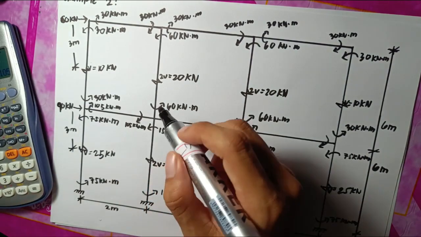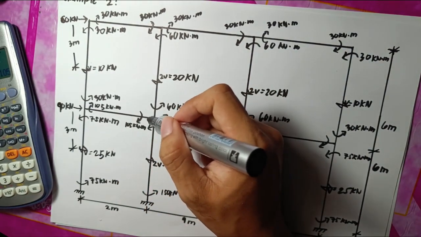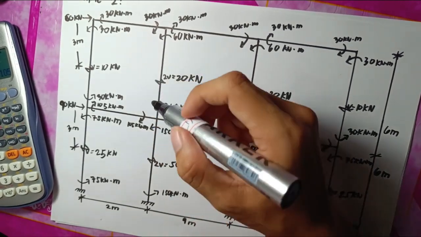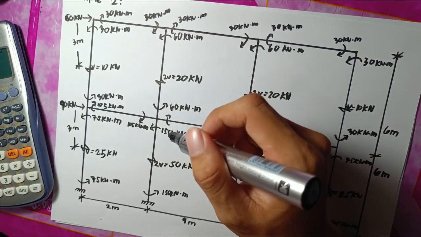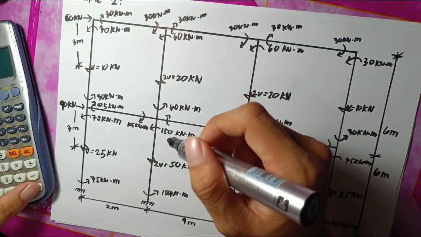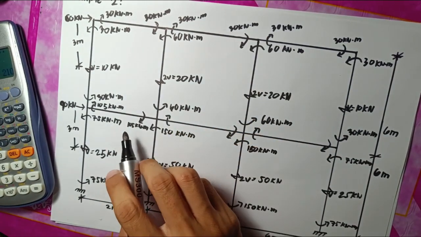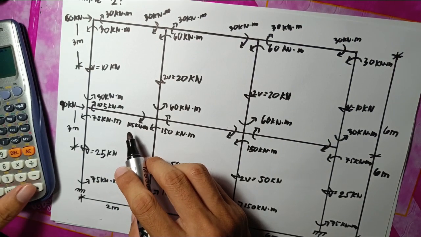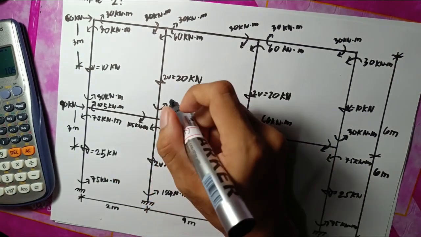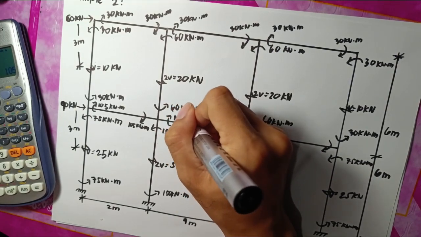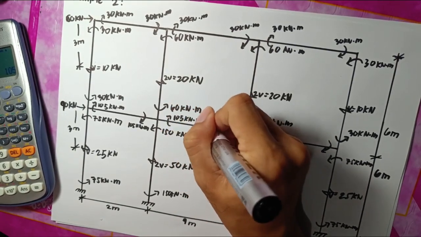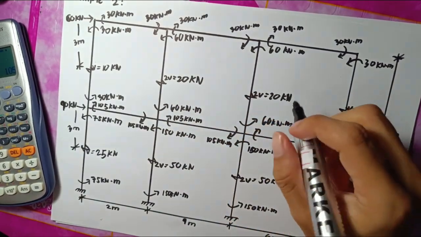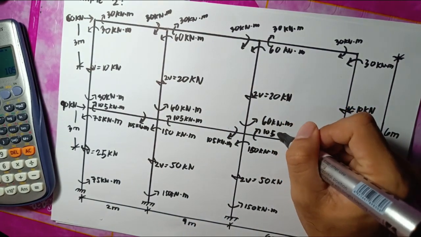So here we have one vertical and half of horizontal. So first we must add 60 and 150, 210, minus this value, 105. Same. Okay, 105 kN meter.